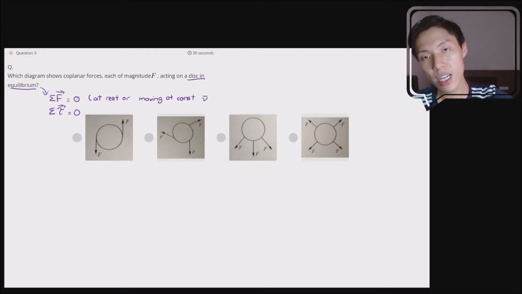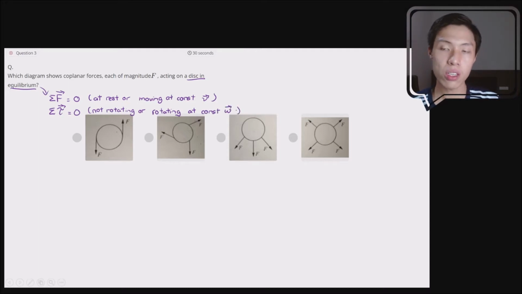Whereas if your sum of torque is equal to 0, it can be that the object is not rotating, or the object is rotating at constant angular velocity. Angular velocity is omega. Okay, so this is what we need to check.